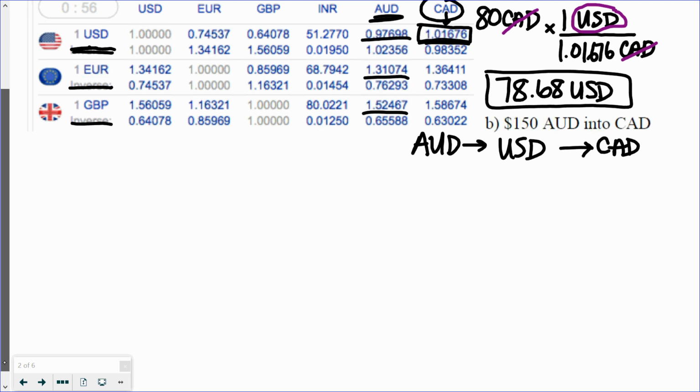So first we need to convert from AUD to the US dollar. So 1 US dollar is equal to, I have it underlined right here, 0.97698 Australian dollars.